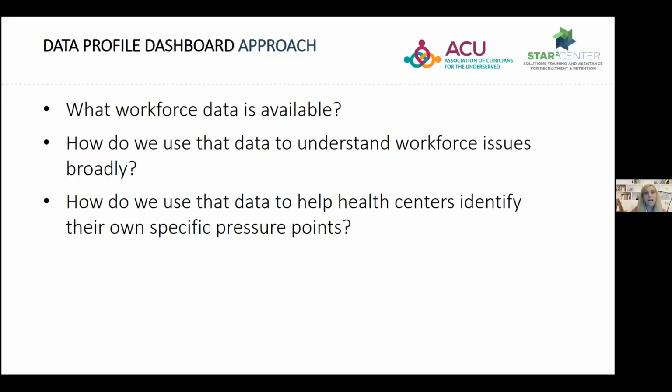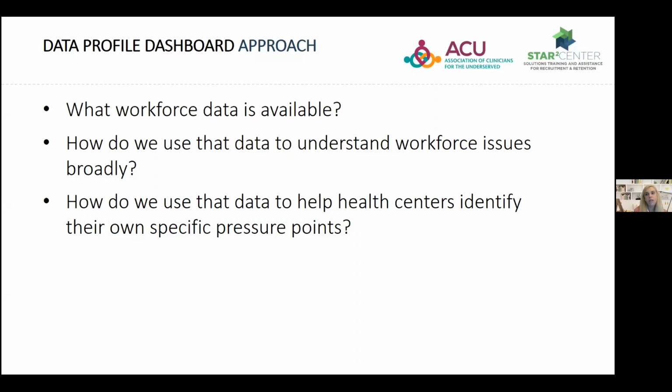All right, so data profile dashboards. Why did we end up with this resource? Well, when we were first awarded our NTAP grant, we started looking around for information or data around health center workforce. What we found was that there really wasn't anything out there that looked specifically at the health center workforce.